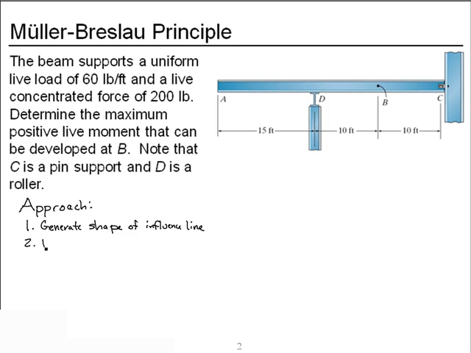But then we still need to find values in order to complete construction of the influence line. Then once we've constructed the influence line, shape and values, we can apply the loads. We'll figure out where to put them and what their impact is. The moment at B.